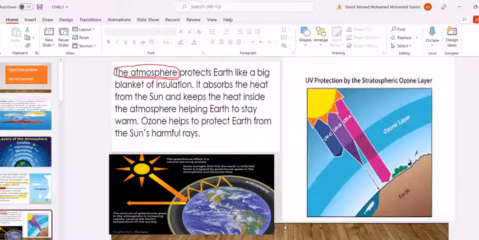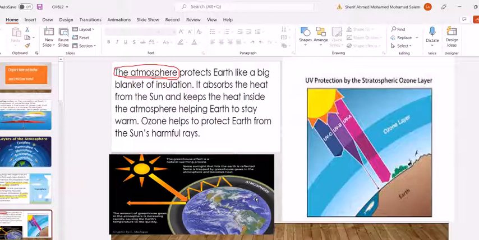It passes the warmness of the sun and keeps the heat inside the atmosphere, and this heat helps the earth stay warm. Yes, it makes the earth warm and passes the heat, but stops the harmful rays. It absorbs the heat of the sun and keeps it inside the atmosphere. It will not go to space again, so it will make the earth warm.